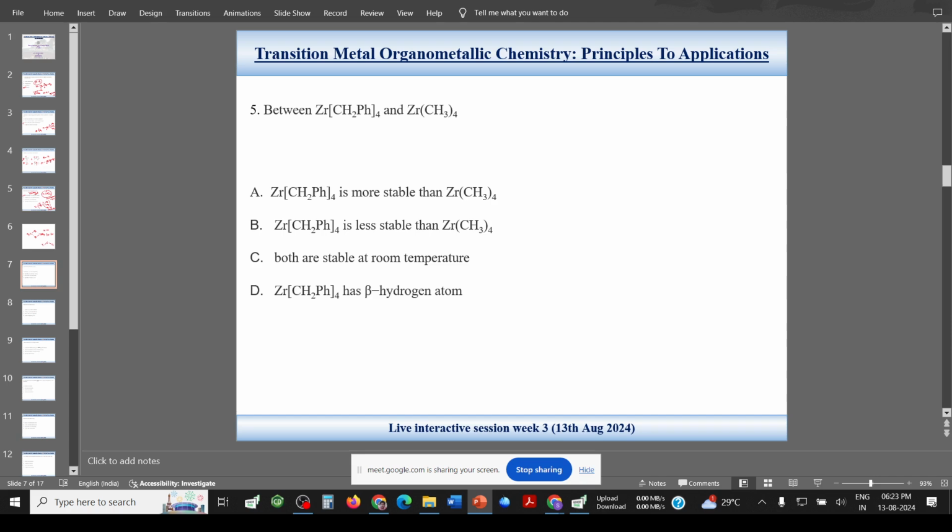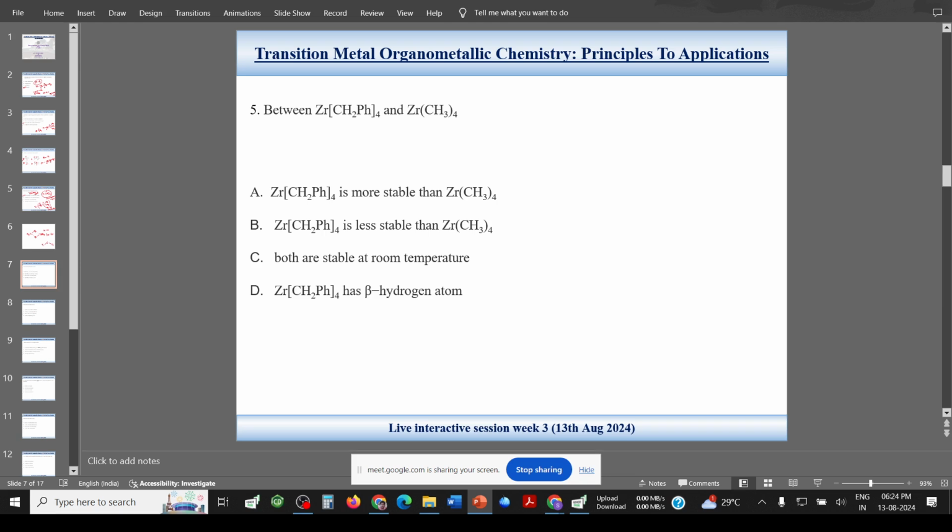That will be option A. Okay. Yes. Why is option A correct? Because the first one is coordinatively saturated. Yes.